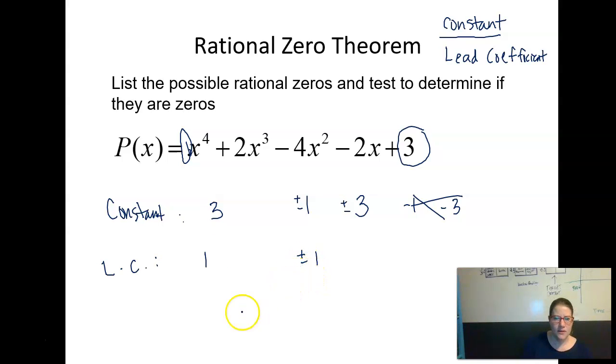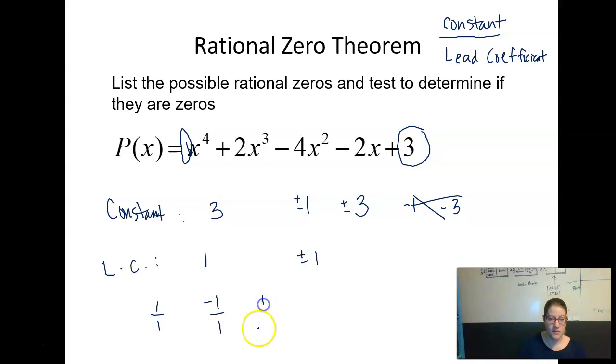And then the way to find all of these possible zeros is to take these factors of the constant and put them in the numerator, and then all the combinations that we can with the factors of the leading coefficient in the denominator. So just taking one of these at a time, I could have +1 over +1. I could have -1 over +1.